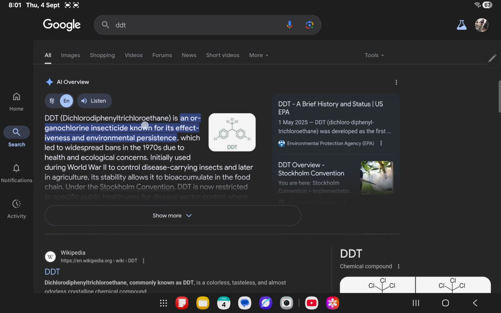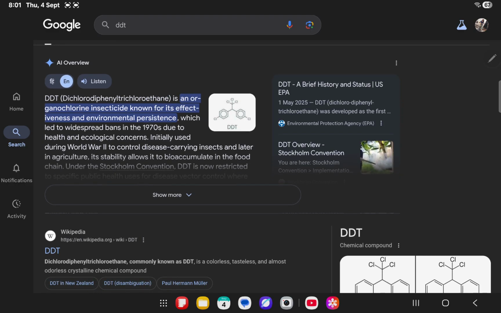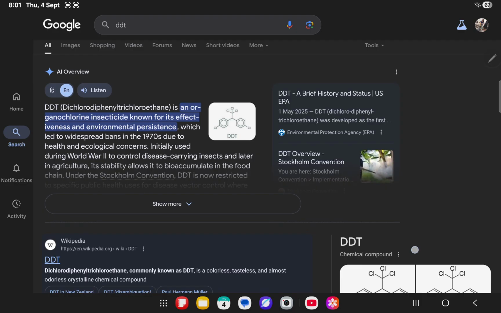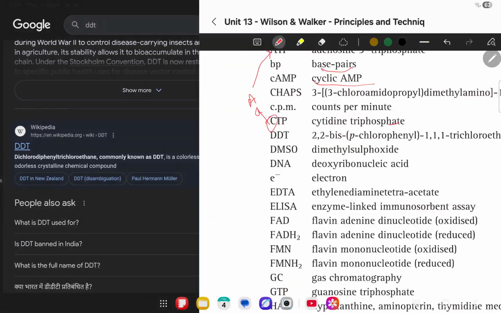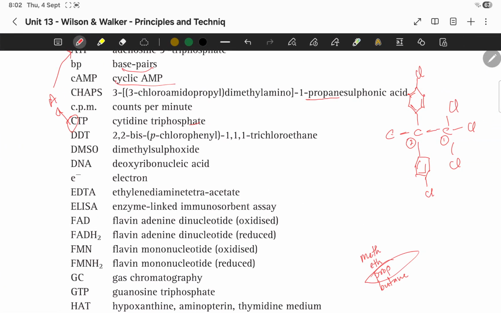See, here it is written ethane. So my knowledge in organic chemistry is not wrong. I was reading wrong. It is written ethane here. I am a little blind, I am very sorry. So it will go like this. Now I will remember DDT.